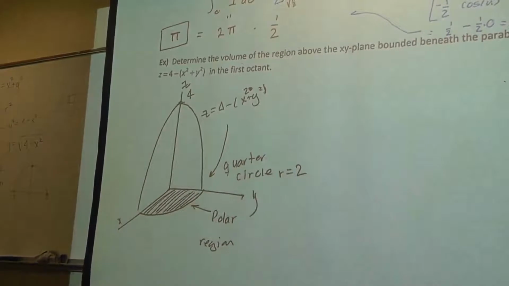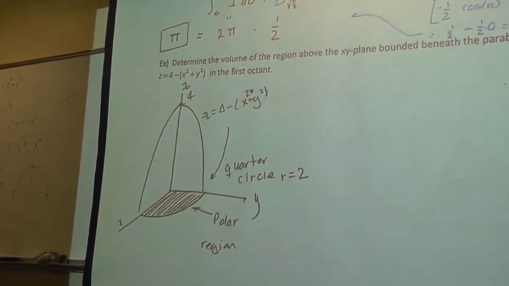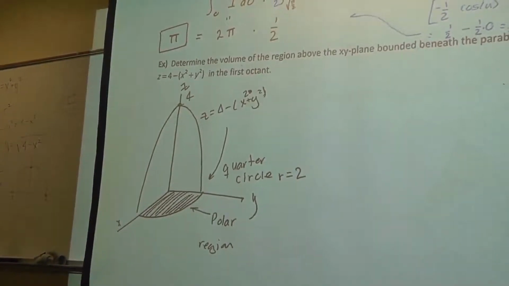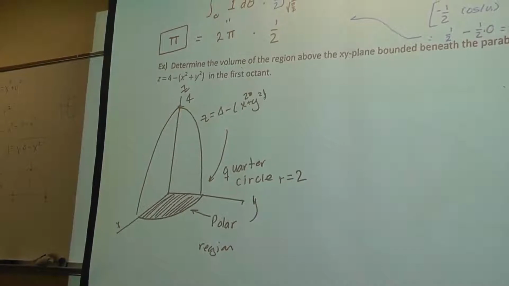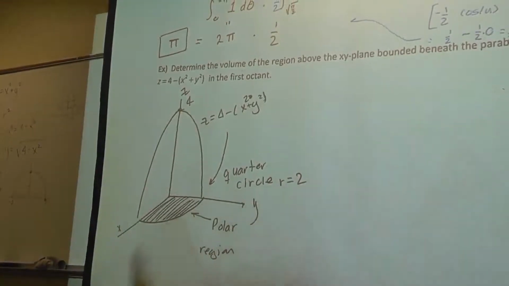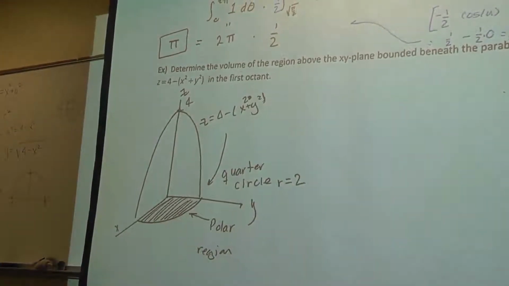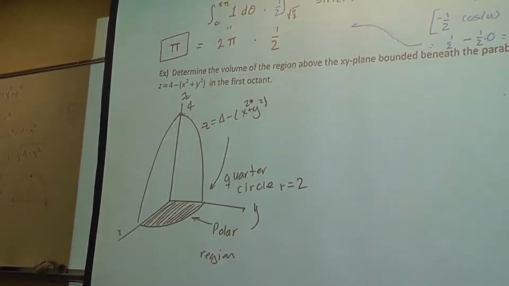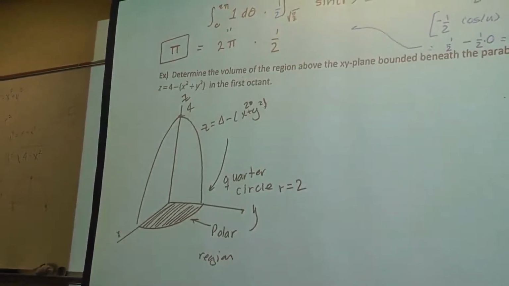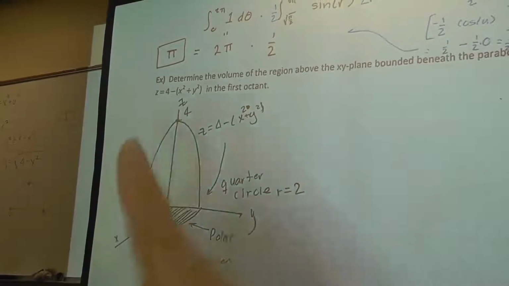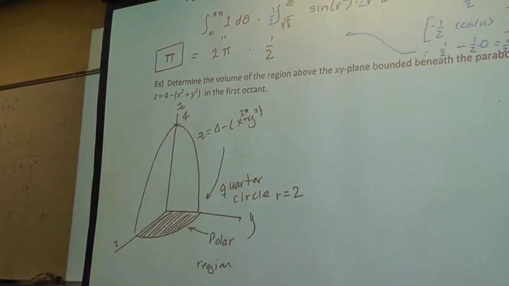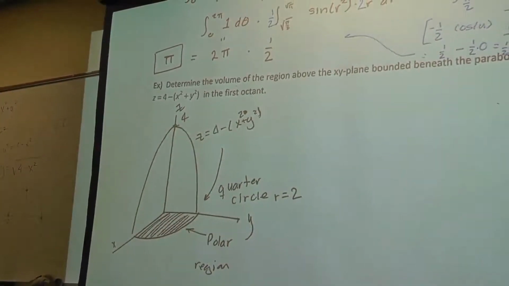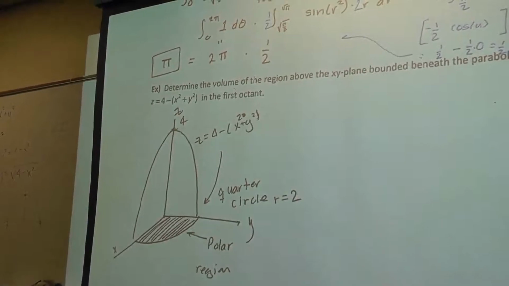And what becomes my integrand if I'm trying to calculate a volume? What should be integrated if you're doing a double integral over this region? R times 4 minus r squared. Well, don't convert it to polar yet. What do I integrate if I want to find the volume between this region and the surface? X squared plus y squared. Yeah, the paraboloid is what's on the top of the shape.